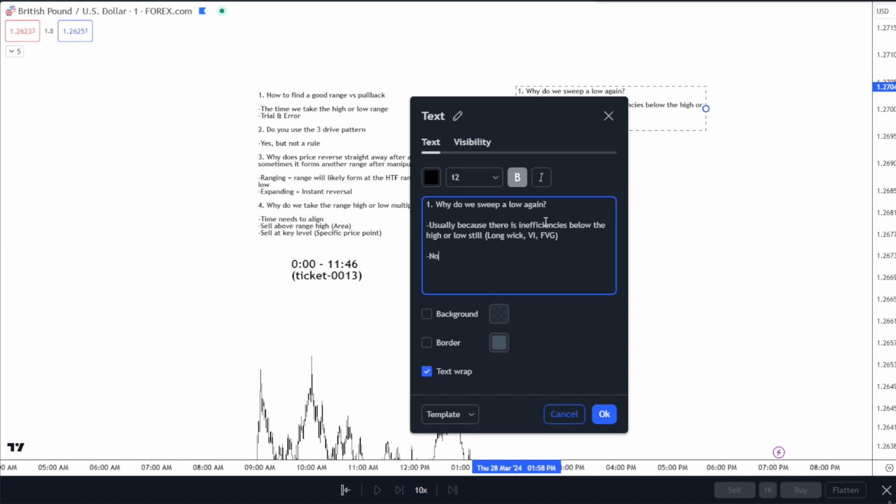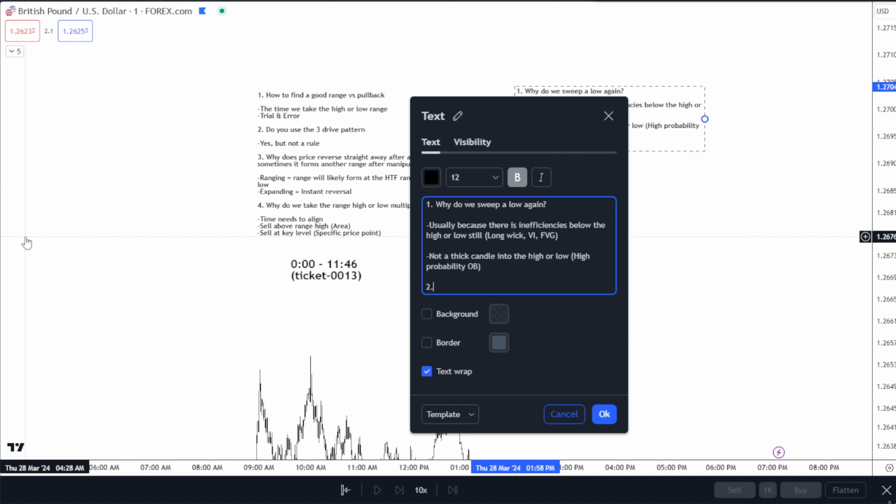Or a not thick down close, or not a thick candle into the high or low, right? Which would be a high probability order block, right? So often it gets swept again.